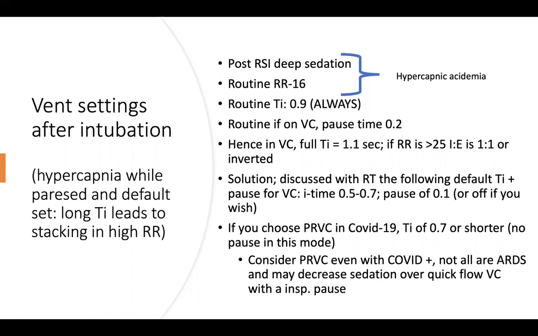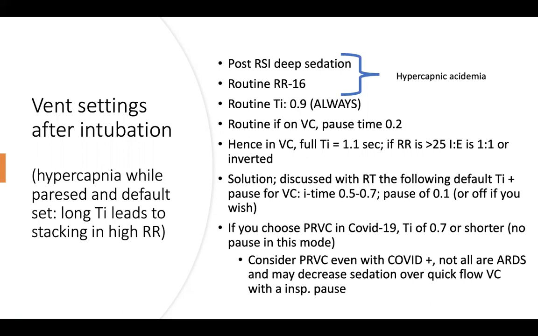So we have discussed with the respiratory therapy to change the default I time to something that's a little bit shorter, 0.5 to 0.7. This, of course, will increase the inspiratory flow rate to deliver the same tidal volume, and to shorten the pause time from 0.2, 0.3 to half that, 0.1 to 0.15.